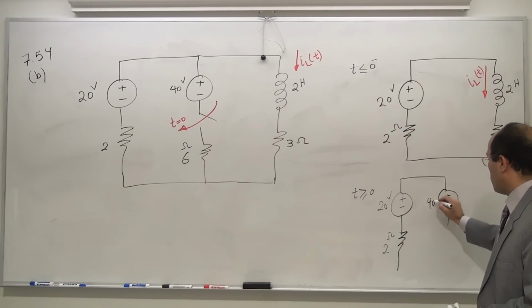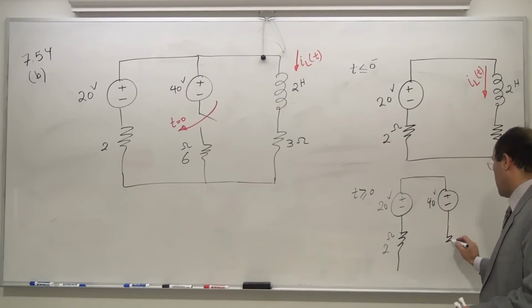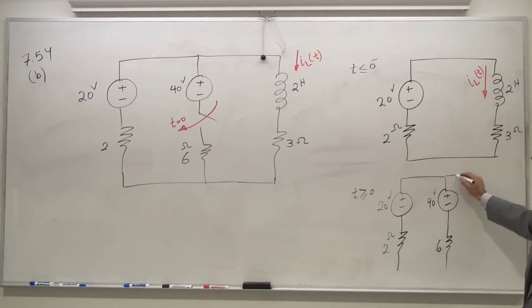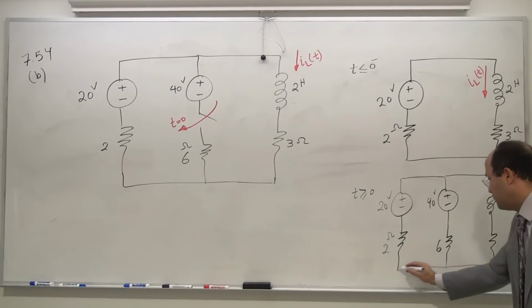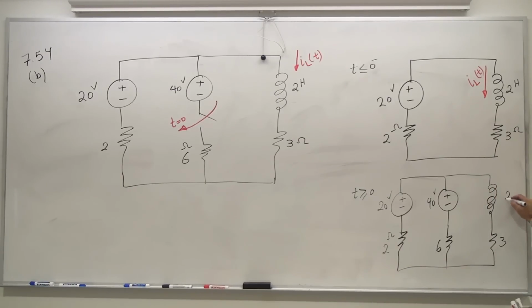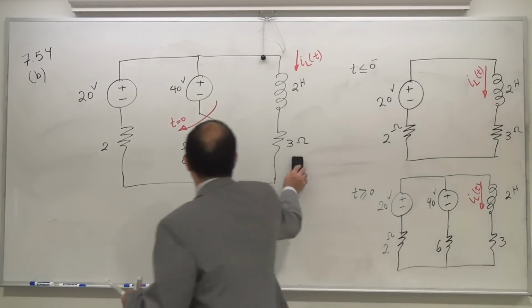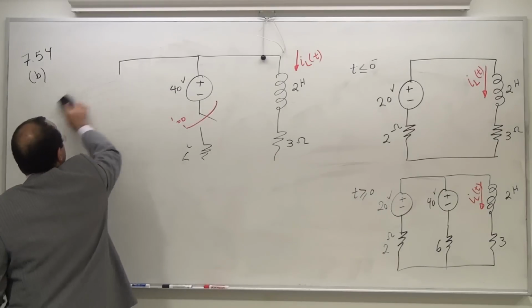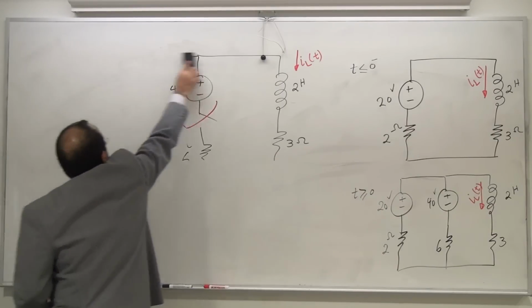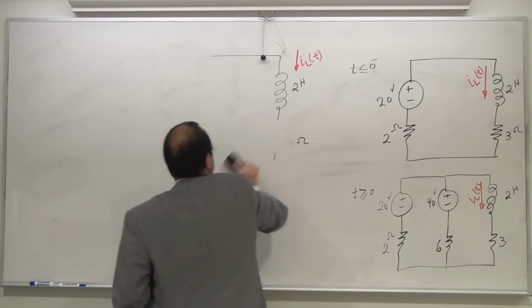This is 40 volts, this is 6 ohm, this is the inductor, and 3 ohm. Once again, the variable of interest is this current. Now I'm ready to ignore this one, because I divided it into before the switching event and after the switching event.